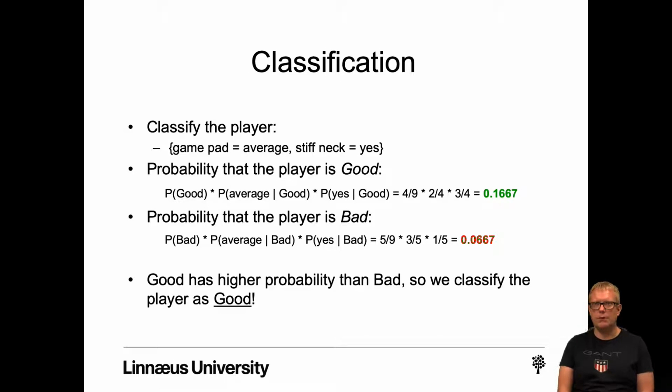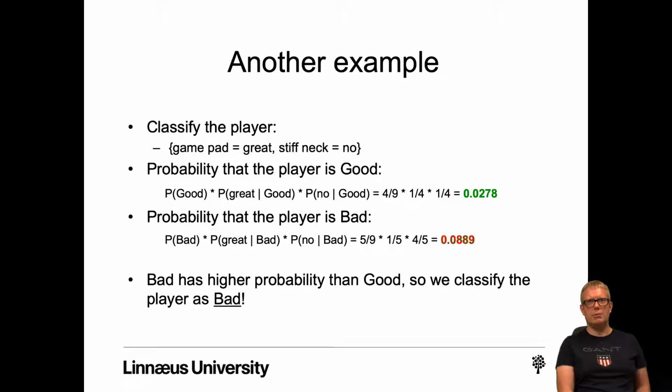And we do the same for the player being bad, so probability of bad is 5 divided by 9 if we look at the table. Probability of average given bad is 3 divided by 5, and probability of yes given bad is 1 divided by 5. And we multiply these 3 values, and the result is 0.0667. So good has a much higher probability than bad, so we classify this player as being good, a good FIFA player.